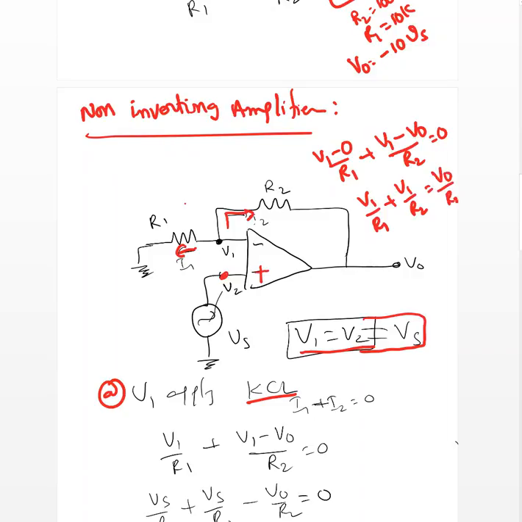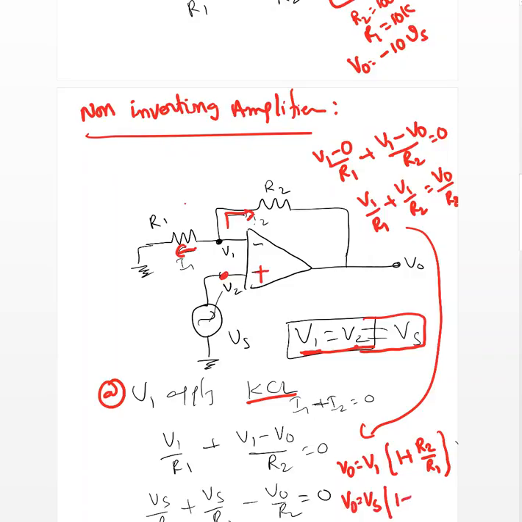Now I need V0, so I take R2 to the other side: V0 equal to V1 times 1 plus R2 over R1. I already know V1 equal to V2, which equals Vs. So V0 equal to Vs times 1 plus R2 over R1. This is the output value for non-inverting amplifier.